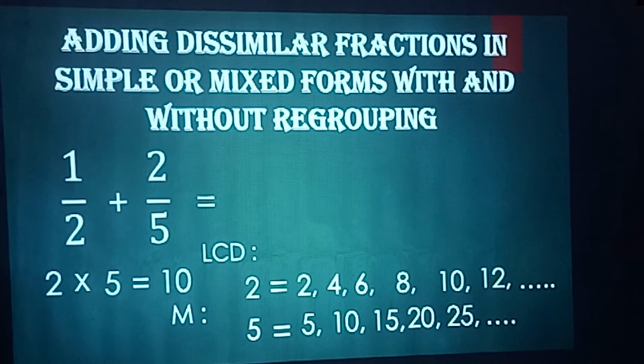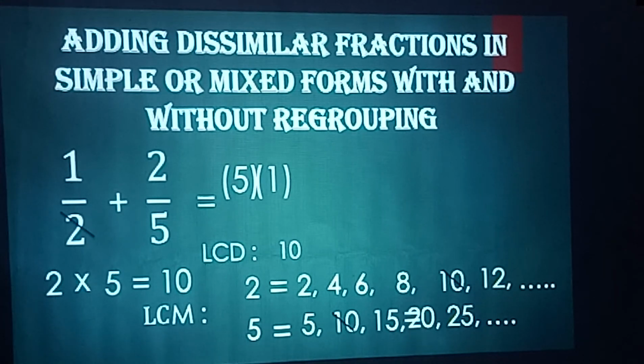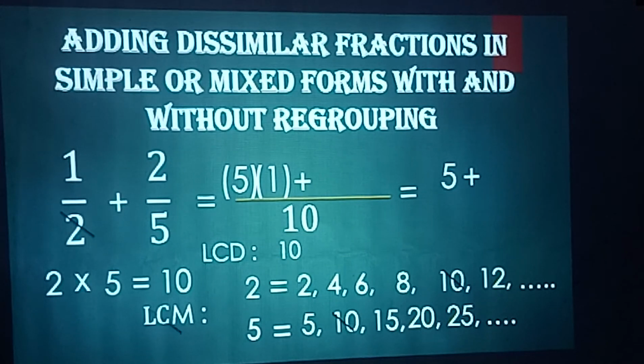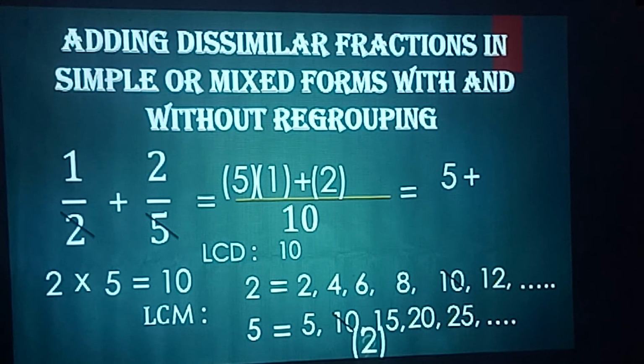Okay, now, the least common multiple of 2 and 5 is 10. And therefore, the LCD is 10. And 10 divided by 2 is equals to 5 times 1 is equals to 5 plus 10 divided by 5 is equals to 2 times 2 is equals to 4/10.